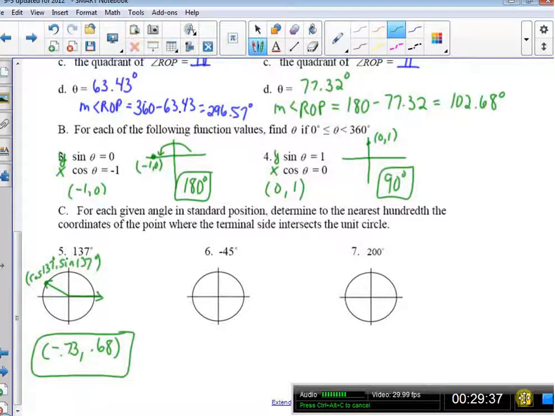Negative 45 would be here, this is my angle of negative 45. So here's 137, here's negative 45. Again, I'd be looking for cosine of negative 45, comma, sine of negative 45. When you plug that into your calculator, you would get negative 0.71, negative 0.71.